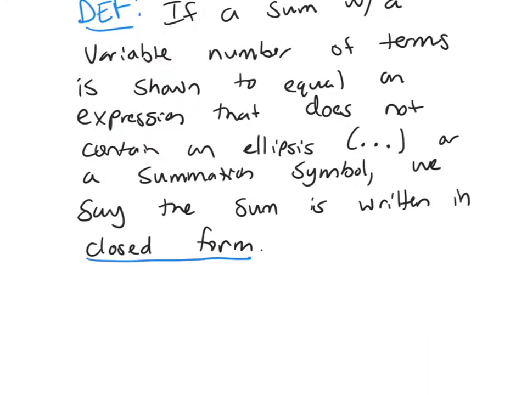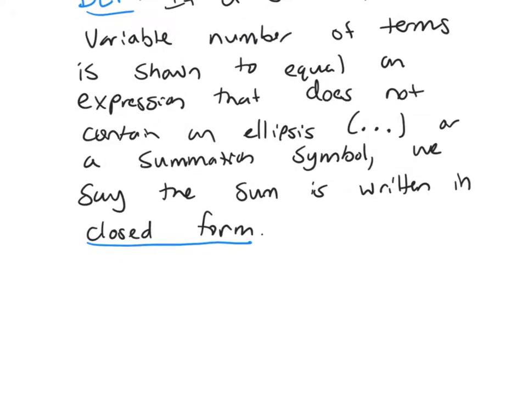So we already saw an example of this in our previous problem where we were proving something by induction. We had this formula here, 1 plus 2 plus up through k equals k times k plus 1 over 2.